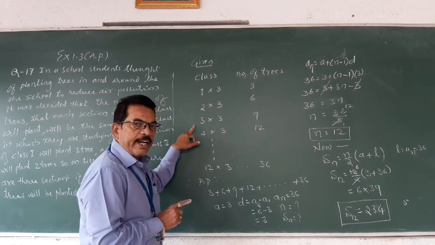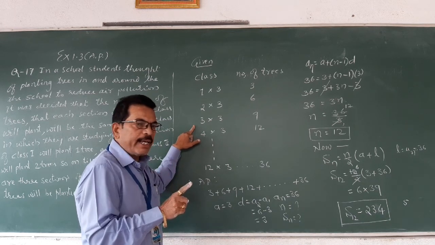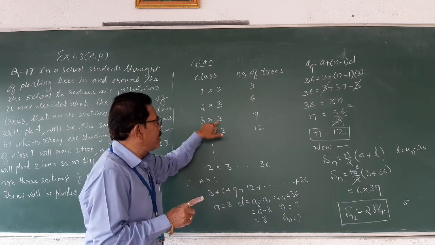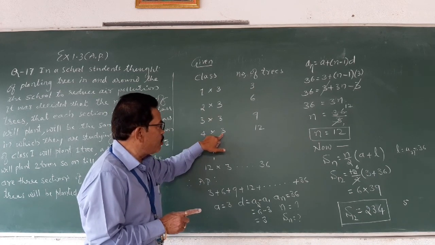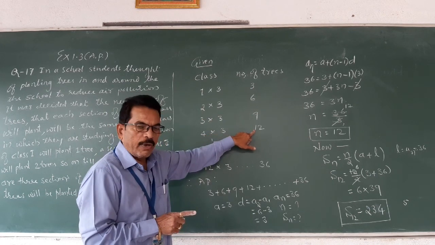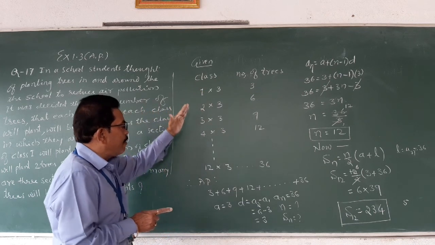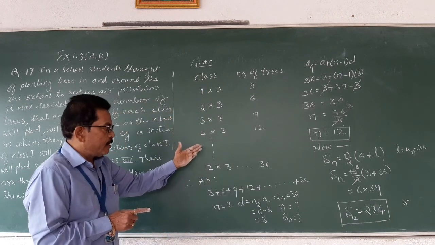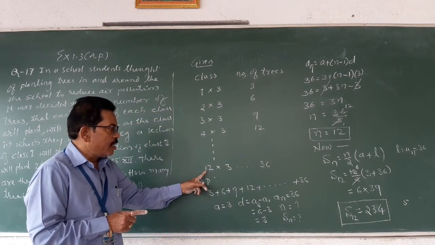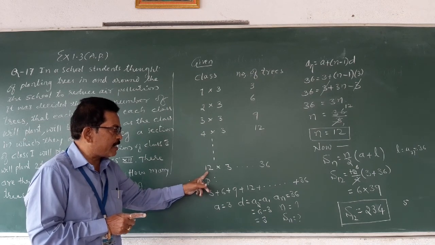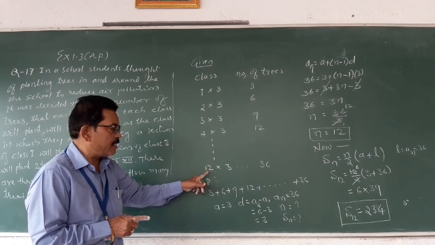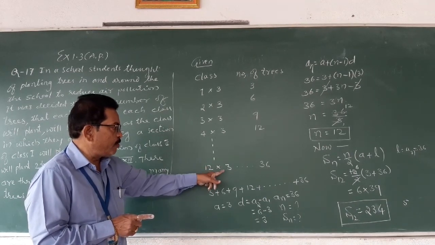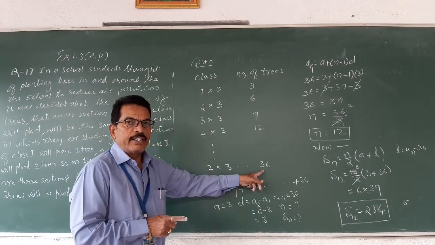Then third standard, in a similar manner, 3 times 3 is 9. In fourth, 12. Then there are up to 12th standard. So the number of plants planted by the 12th class is 12 times 3, that is 36.